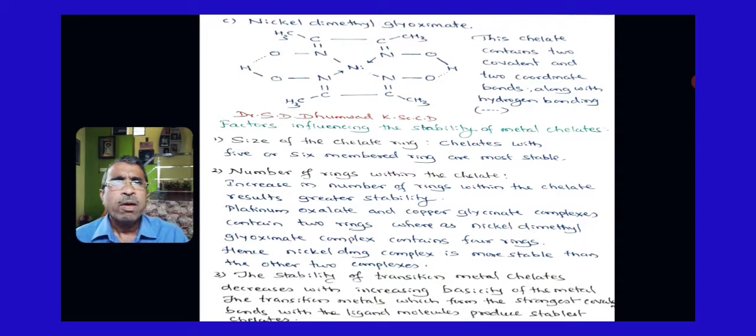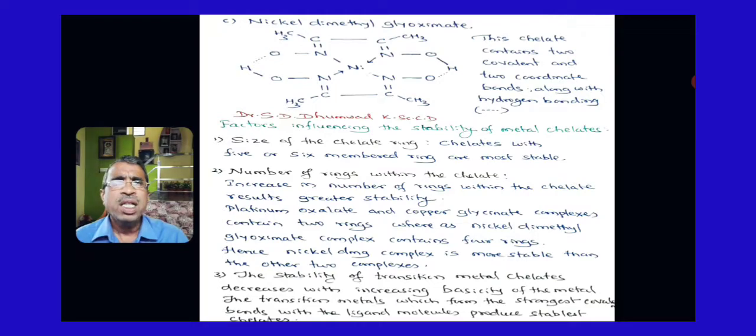Coming to the factors influencing the stability of metal chelates. The factors are similar to those for the stability of complexes, like the size of the chelate ring. Chelates with 5 or 6 membered rings are most stable.